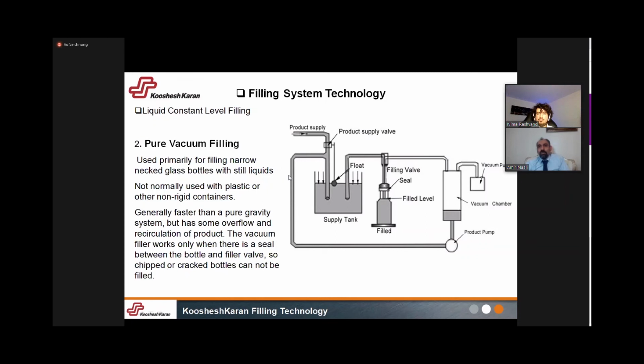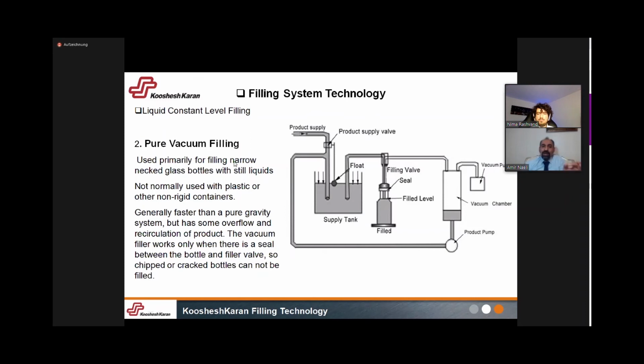As you see, the neck of the bottle is very narrow in hot sauce. For filling this kind of bottle, you must use pure vacuum filling because the viscosity of the liquid is a little high, and also the filling neck is very narrow.